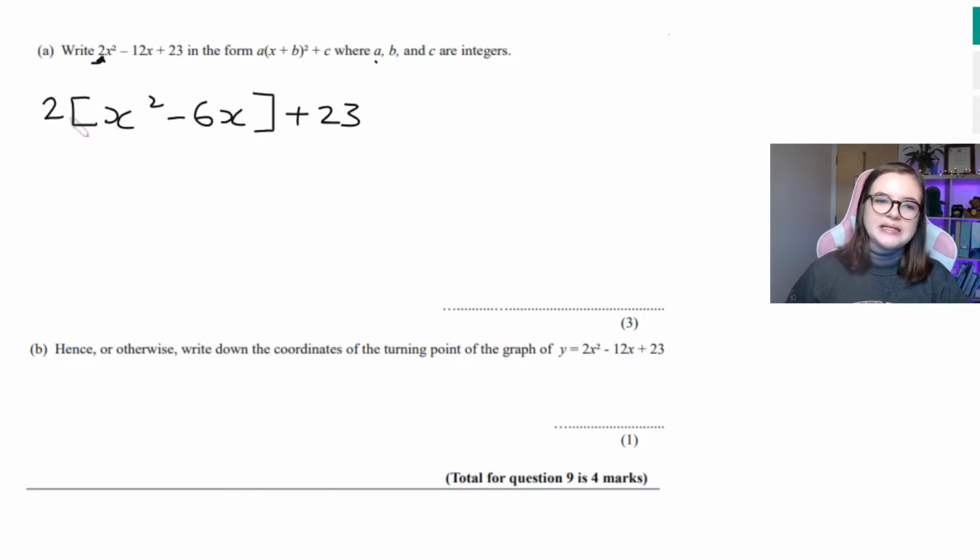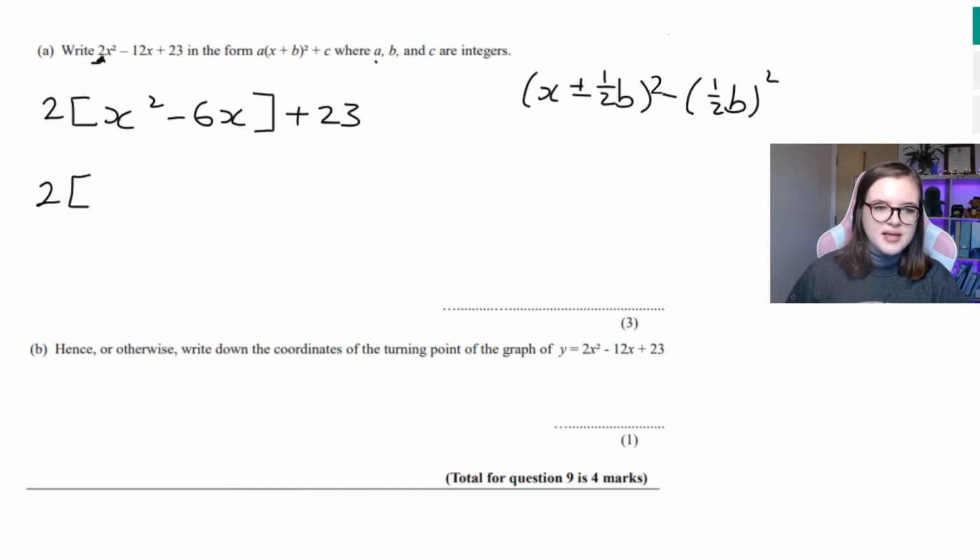And then we complete the square just on the inside. So by the completing the square formula, that is x plus or minus half of b, minus half of b squared. No c in this case because there's no c in here. And then opening it up again, we get x and then half of this, that's minus 3 squared, and then minus half of this all squared, which is 9, because minus 3 squared is 9, and then brackets plus 23.